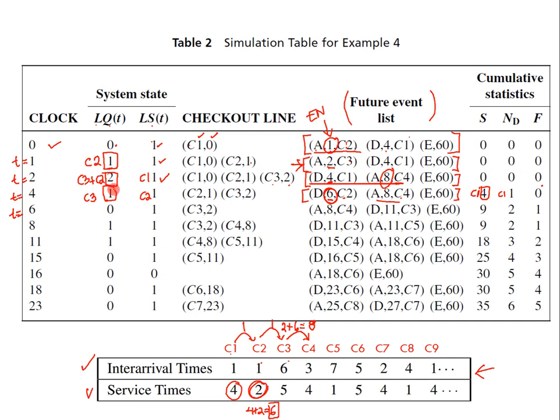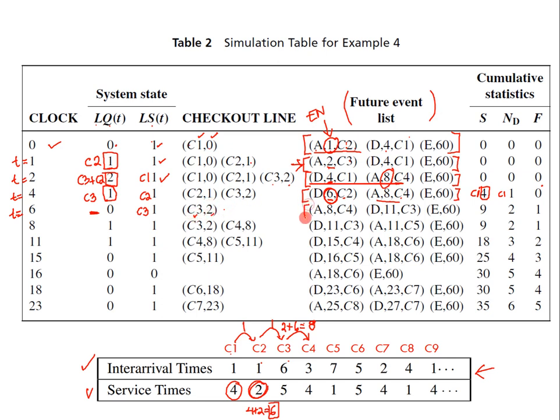Before this, at time 4, there was only 1 customer in the queue. When customer 2 departs the system, customer 3 goes to the cashier, so there is no one in the queue, 0 customers in the queue. So who is being served right now? Customer 3. Customer 2 left the system. At the checkout line, we can see only customer 3, who arrived at time 2.